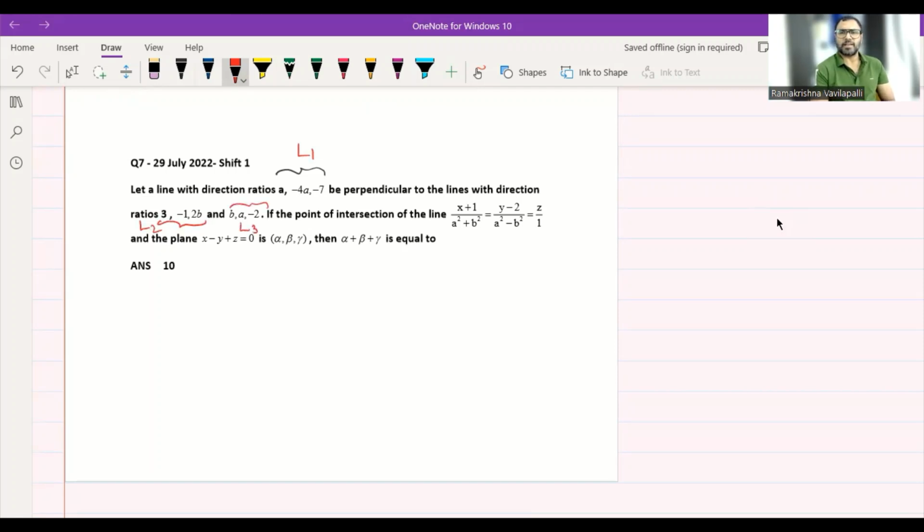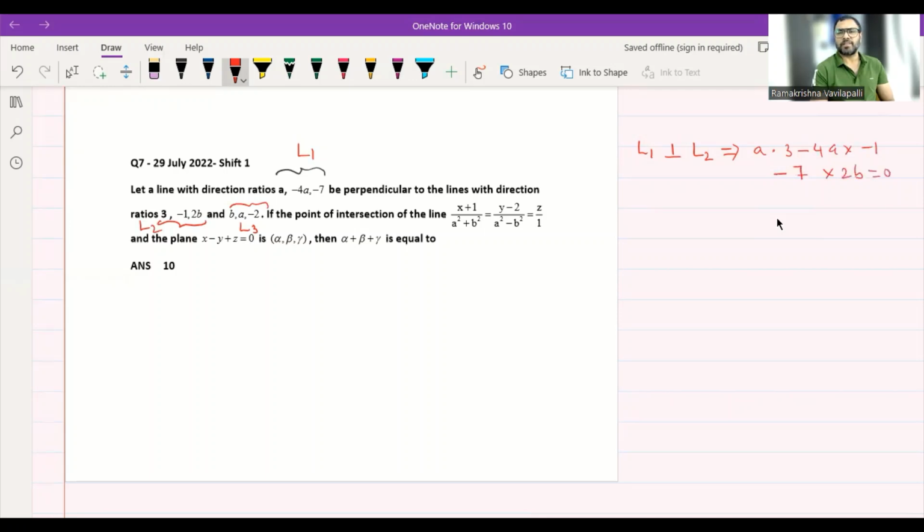So given that L1 is perpendicular to L2, therefore the dot product of DRS is 0. Therefore A into 3 minus 4A into minus 1 minus 7 into 2B equal to 0.